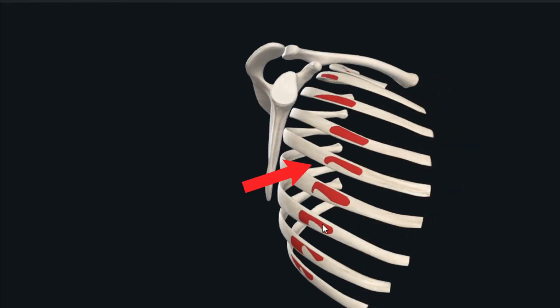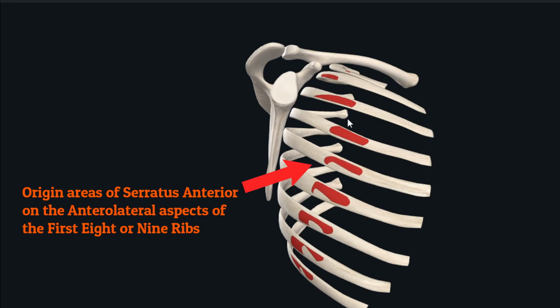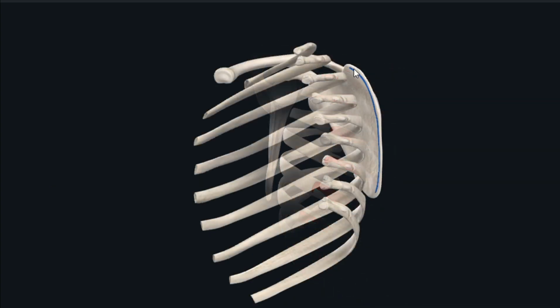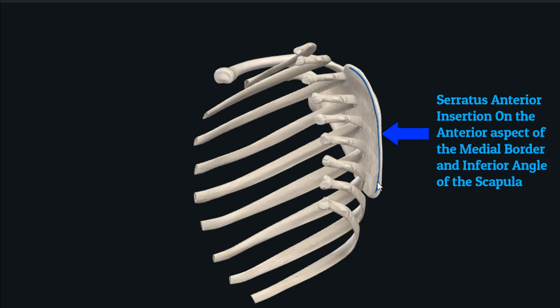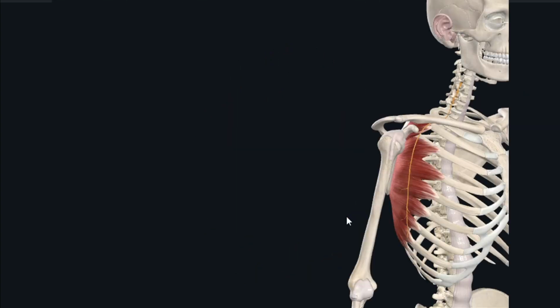These are the areas on the anterolateral aspect of the first 8 or 9 ribs where the serratus anterior muscle originates. And this muscle then inserts on the anterior aspect of the medial border and the inferior angle of the scapula.